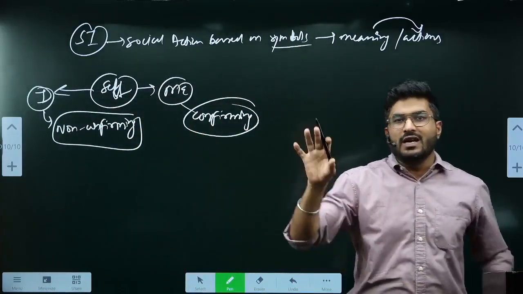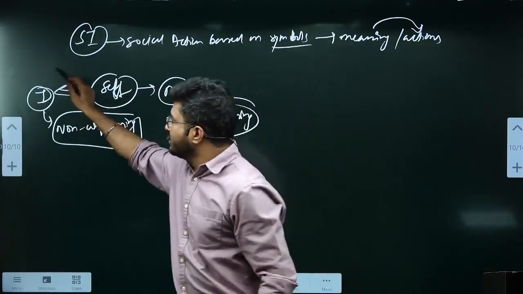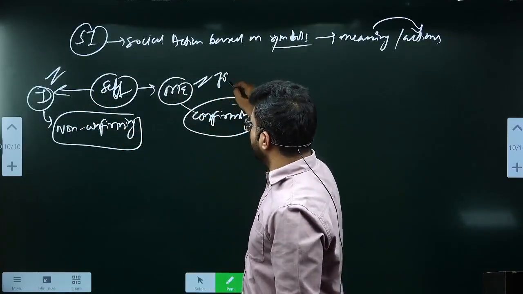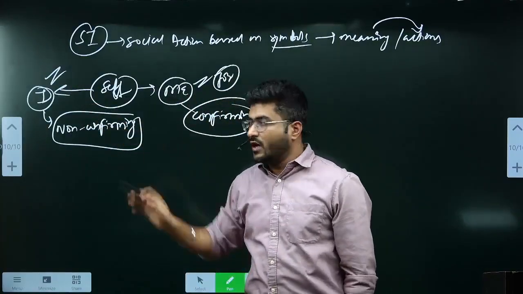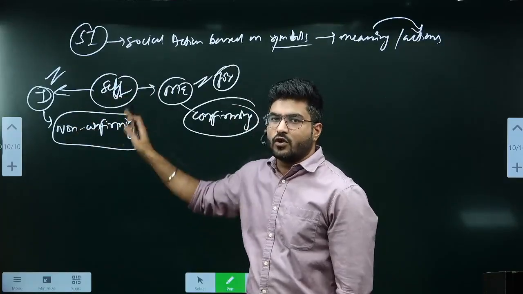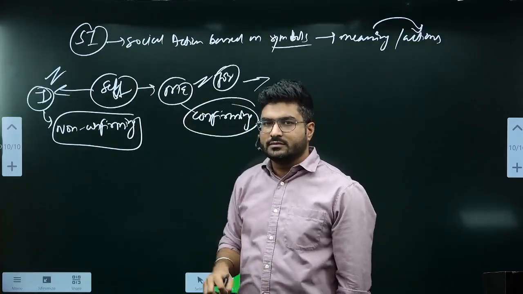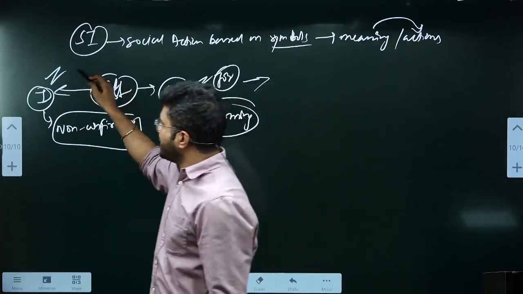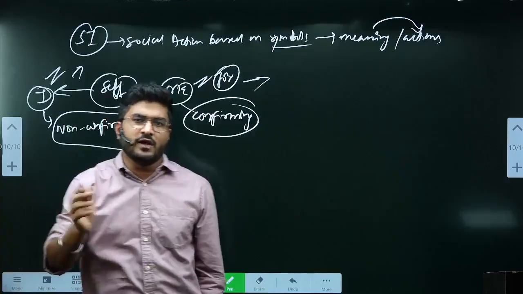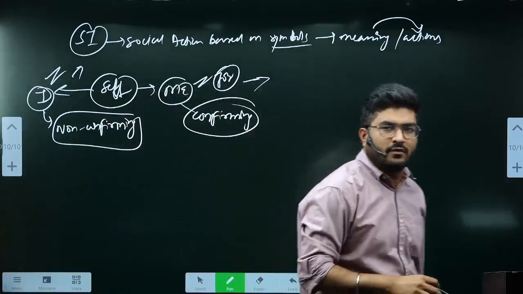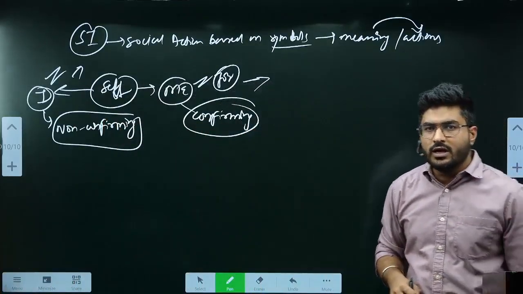Even if you are lazy at your home, which is I, you will tend to be active at your job. So you have changed your own self from non-conforming to conforming. Why? Because your job demands activeness. But here, even if your parents say that you have to wake by 8 a.m., you will not wake up. You will remain non-active.